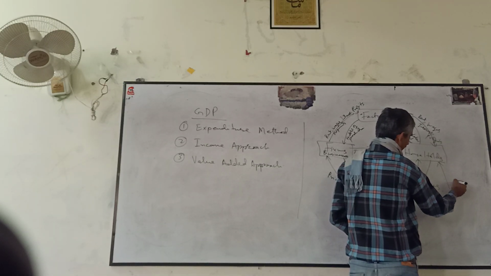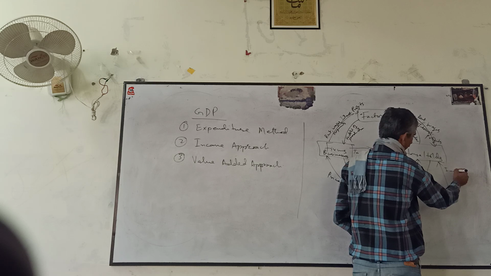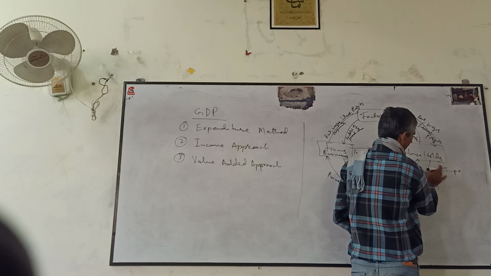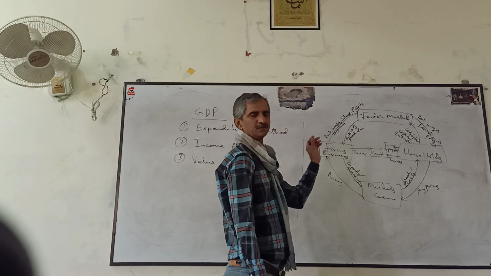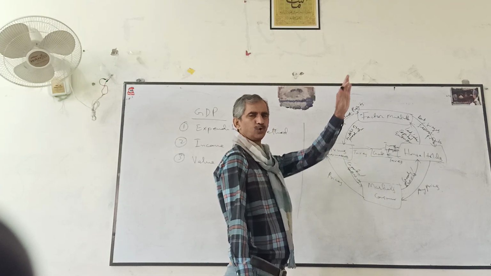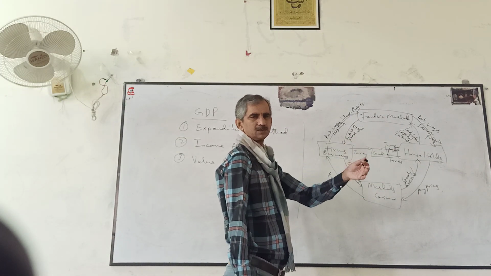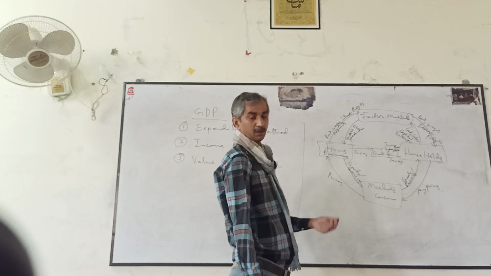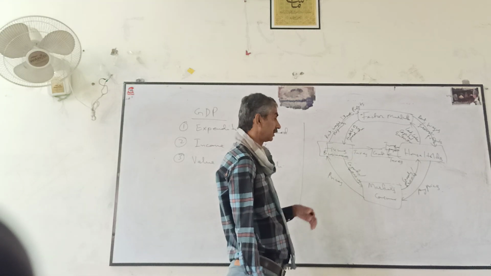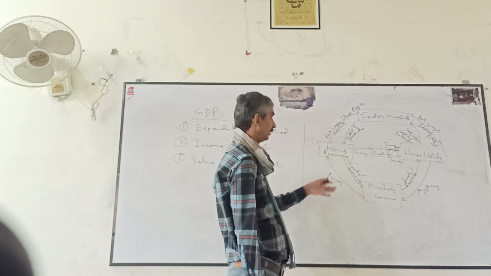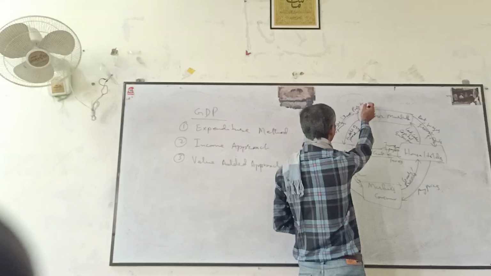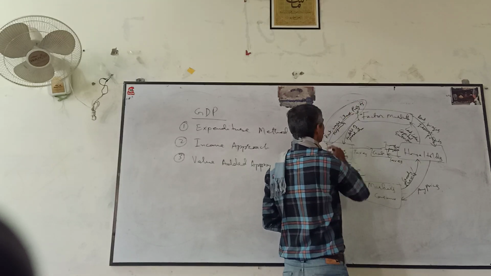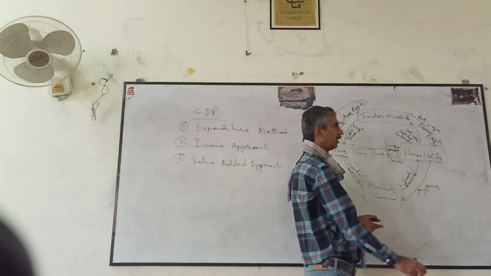So direct or indirect taxes are paid to the government, and then we also have the export and import sector. We're not extending this, just simply to understand this one. We export goods to other countries, and we add that amount into the GDP when we are measuring, and then we are also importing. Through this way we can see that if someone is spending, this is the expenditure of the firms.